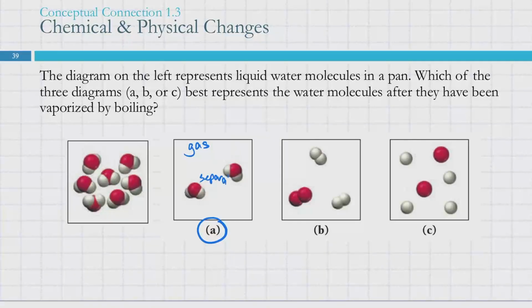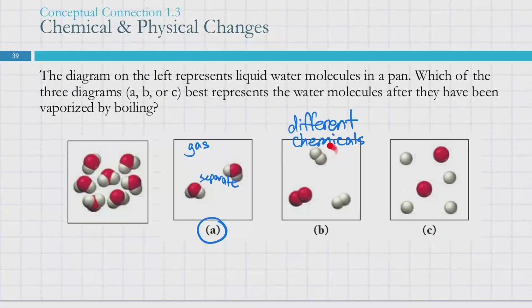because they're separate. And it's the same unit. We've just changed the way that they're oriented relative to each other. In B, we've separated out the red and the white components, and so this is a different chemical. Our smallest unit has changed. So now we've got oxygen gas and hydrogen gas.